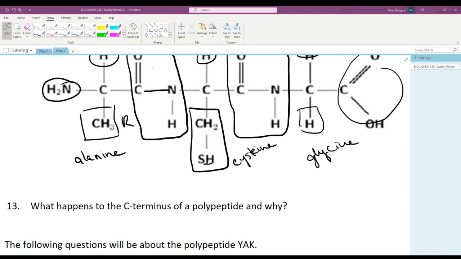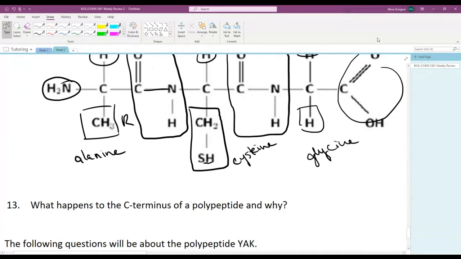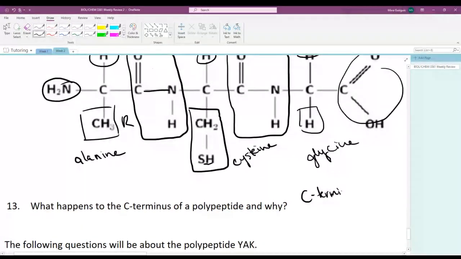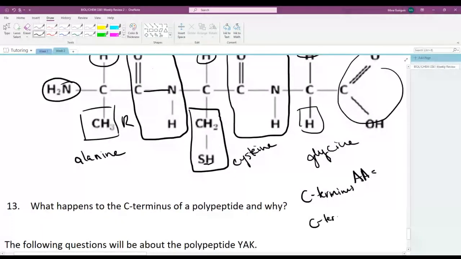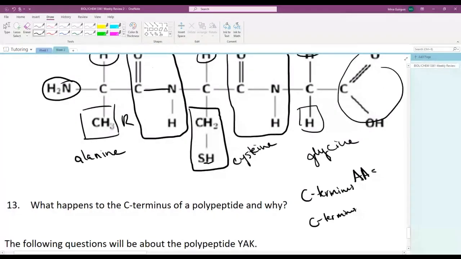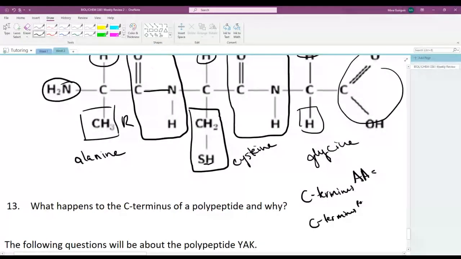So this is the interesting thing. Someone said 2. You guys are both right, and that's kind of the weird, interesting thing that I want to make sure I address. Okay? The C-terminus of an amino acid has a different pKa than the C-terminus of a polypeptide, okay?